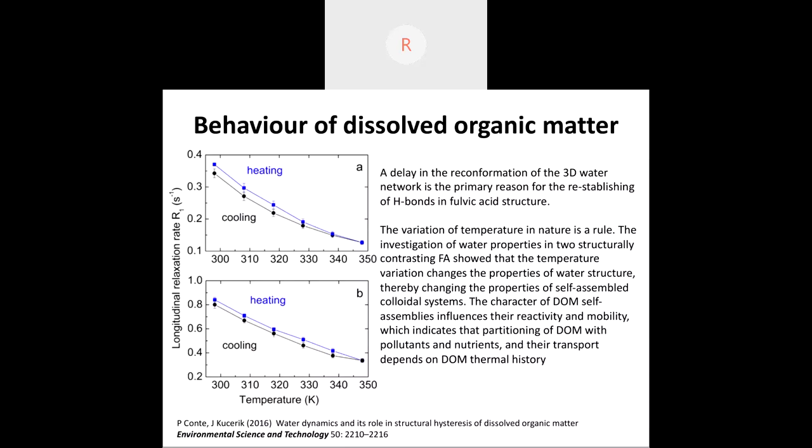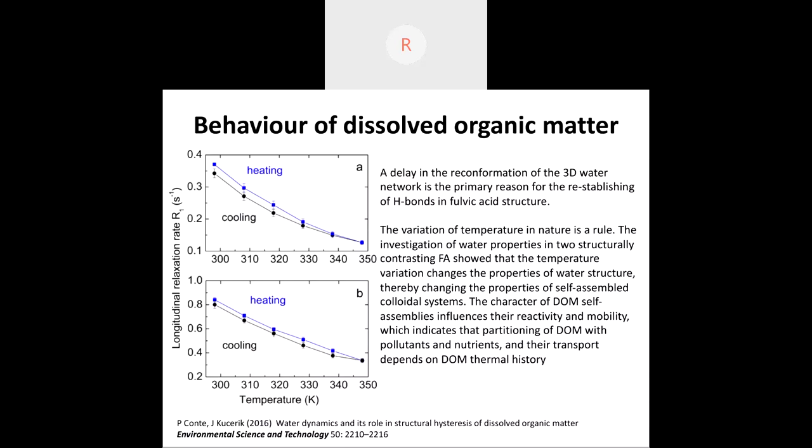That means that if we heat the DOM solution, dissolved organic matter solution, at, for example, 50 degrees, we have a relaxation rate value. But once we come back to 25 degrees, cooling the system, the relaxation rate that we obtain is different from the one that we measured at the beginning.